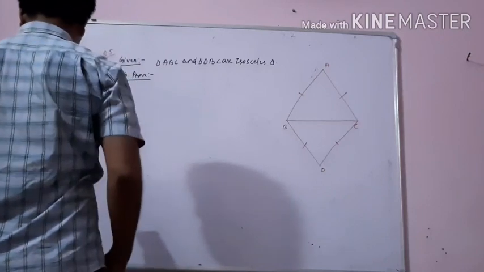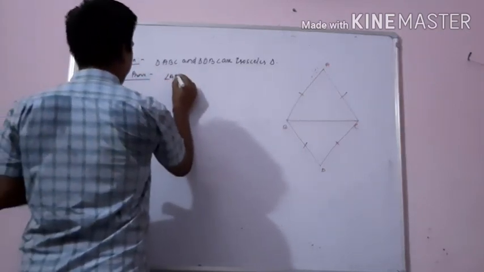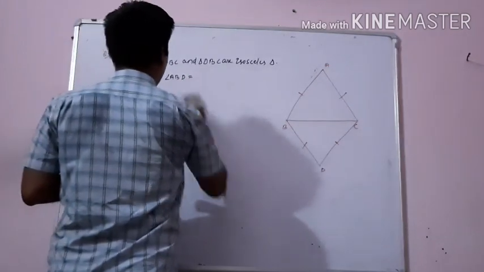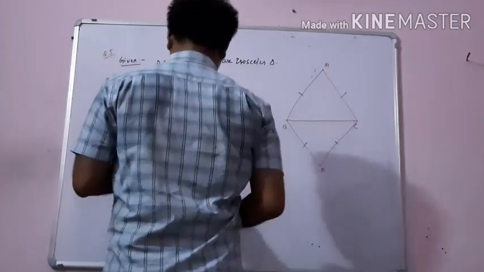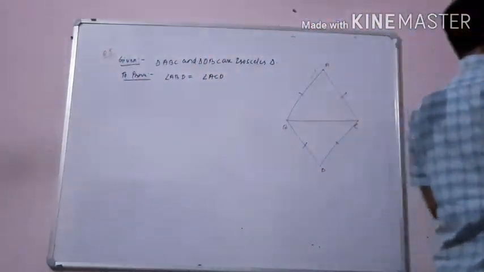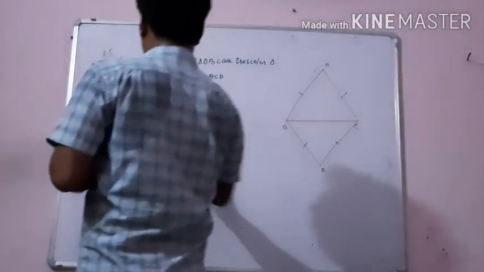We have to prove that angle ABD equals angle ACD. We have to prove this. So now see, proof.